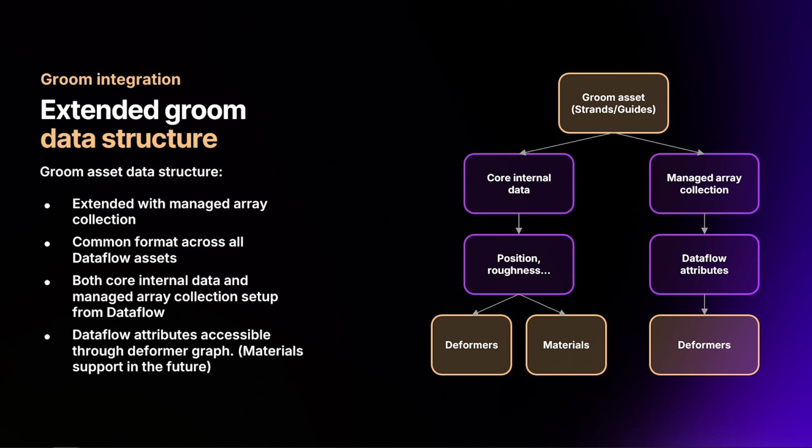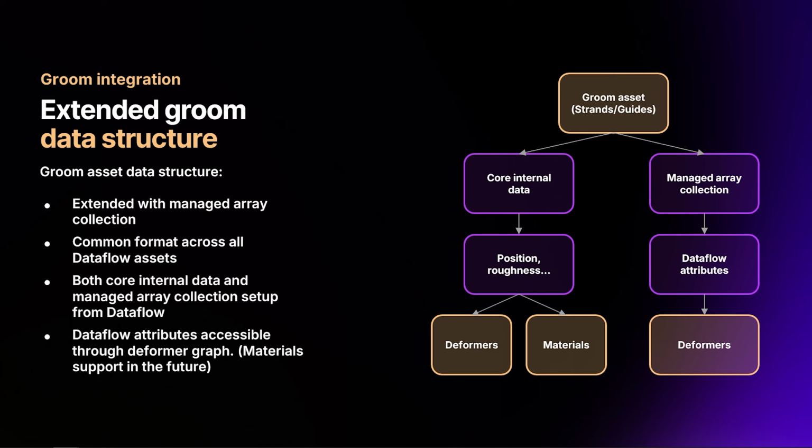The first thing that we had to do was to change the data structure a bit. Before, the Groom was holding strands and guides, and it was mainly core internal data that you had to import through the DCC. This data was available in deformers and materials, but it was a rigid set of attributes.